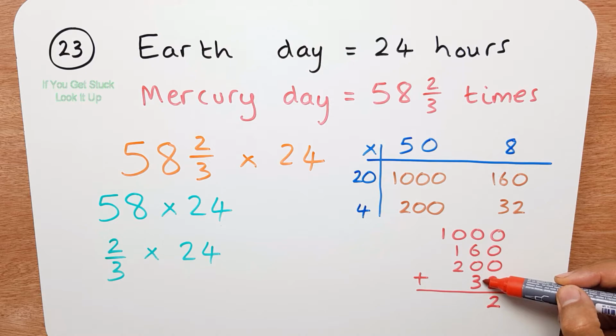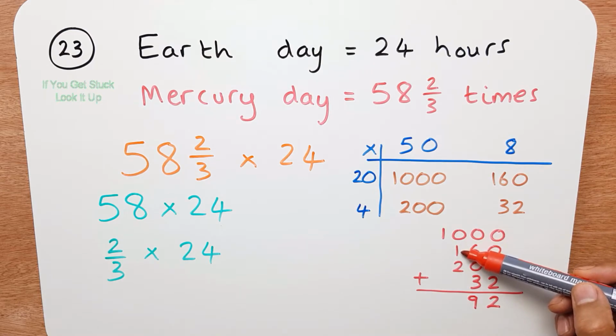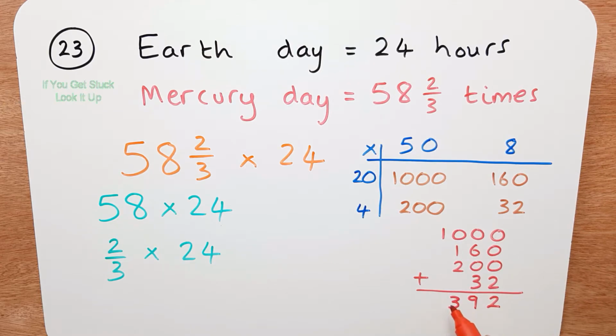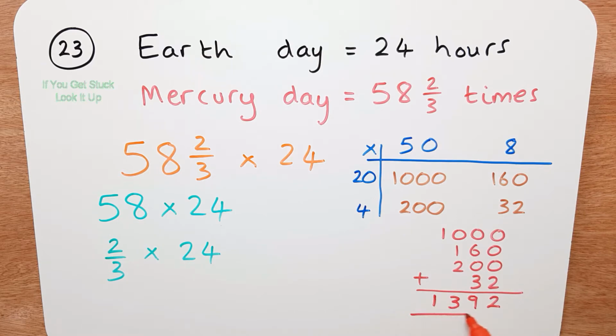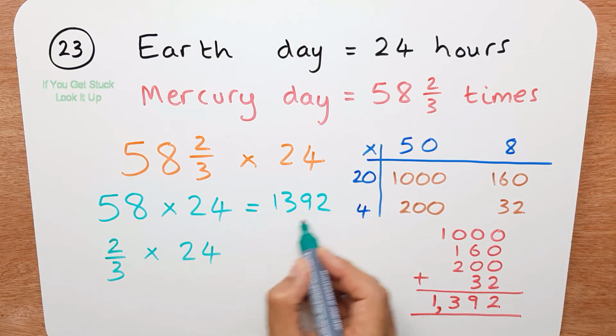And then add 3 is 9. And then we have 0 add 1 is 1. Add 2 is 3. And finally we have 1 add nothing, which is 1. That's our number. So we do 1, 2, 3, comma. So this here is the thousands. So it's 1,392. So let's write that here. 1,392.